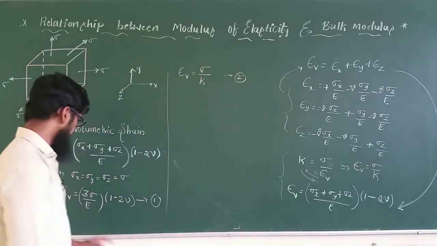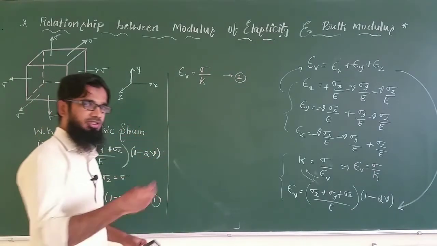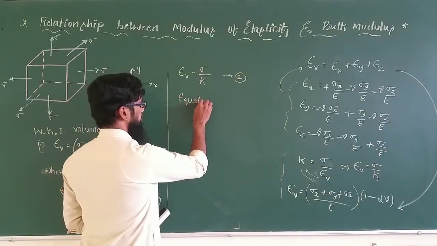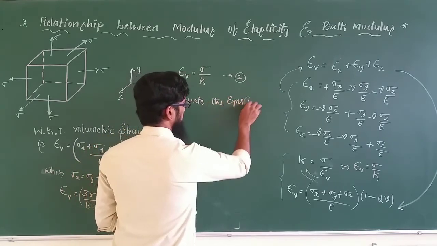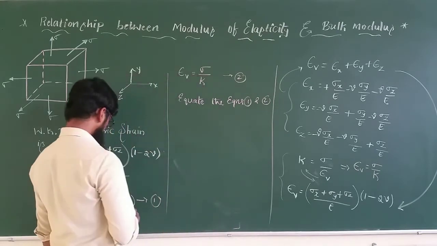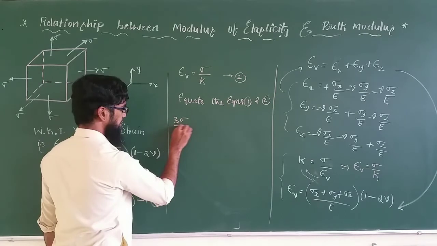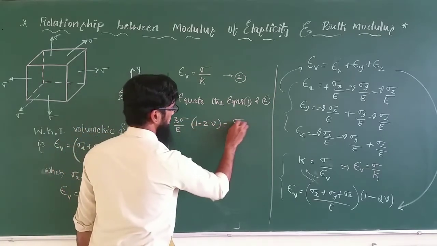Now epsilon v is equal to, that is equation 1 and equation 2 is there. Now you just equate equations 1 and 2, so that we can get, here it becomes 3 sigma by E into (1 minus 2 nu), that is equal to sigma by k.